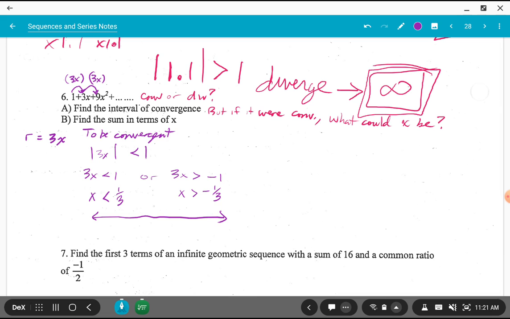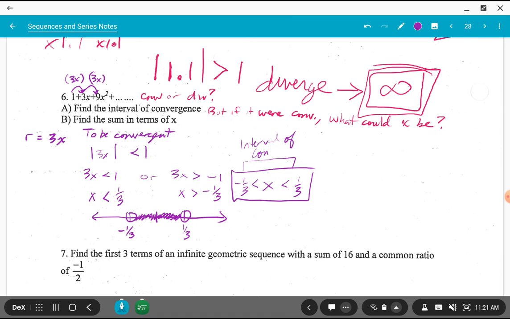Okay, so from here, let's plug in values. We know that x is less than 1/3, so here's 1/3. It can be less than 1/3, or x can be greater than negative 1/3. So x is in between 1/3 and negative 1/3, and you can see that this is our interval of convergence.